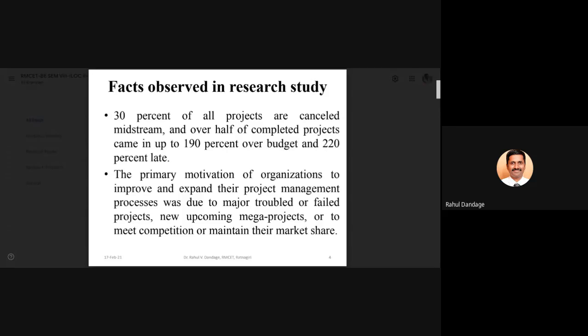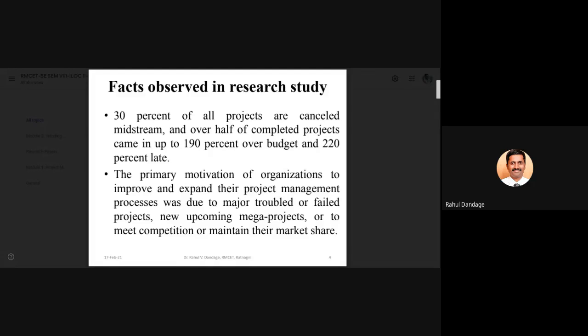The primary motivation of organizations to improve and expand their project management processes was due to major troubled or failed projects, new upcoming mega projects, or to meet competition or maintain their market share. So why do people and organizations need to improve and expand their project management processes or philosophies? It is all because of these failure statistics of projects.